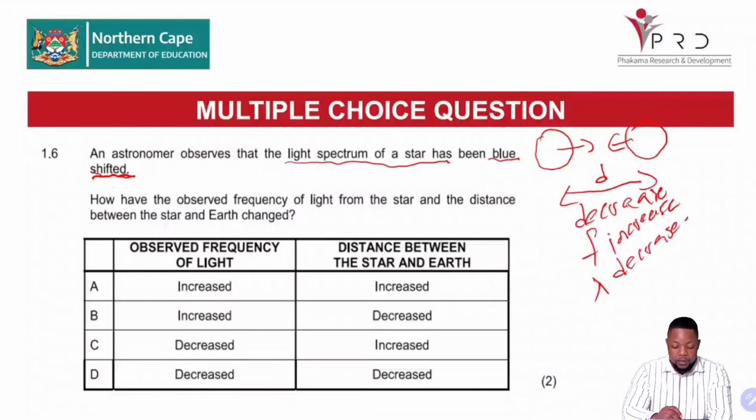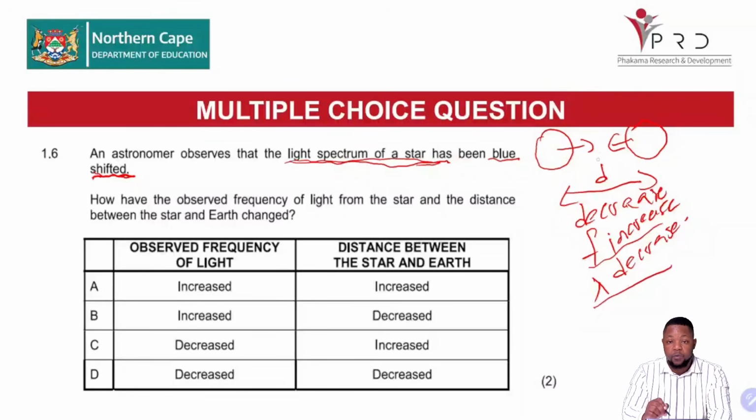Now, let's see as we carry on. We're just looking at what the statement is saying. The light spectrum of a star has been blue shifted. We understand that blue shift means that the absorption lines of a spectrum are shifted towards the blue end of the spectrum, with a higher frequency and shorter wavelength, and that should indicate that the two objects are moving towards each other. And if the two objects are moving towards each other, we expect the distance between them to decrease.